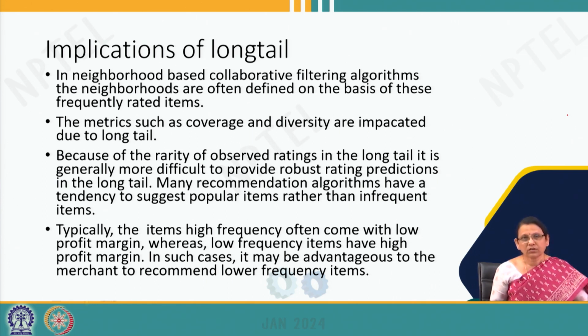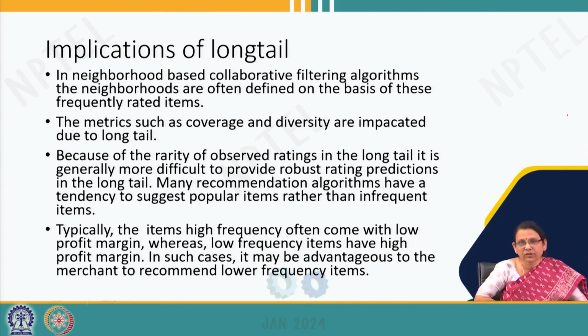In order to make the algorithms more versatile in terms of coverage and diversity, we have to adopt certain mechanisms so that the items towards the longer tail can be accounted for. Besides, in an online setting, if an item has high frequency, it is basically of low profit margin, whereas the merchants may be interested in items with high profit margin.